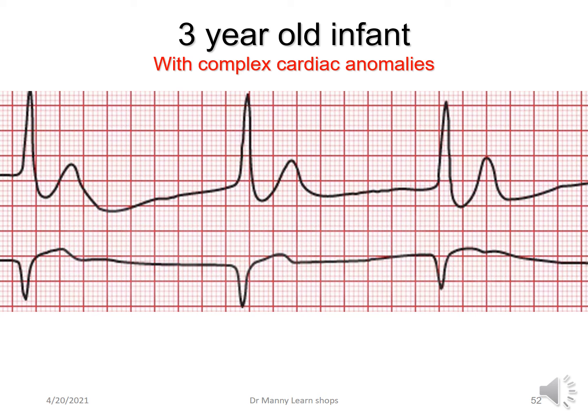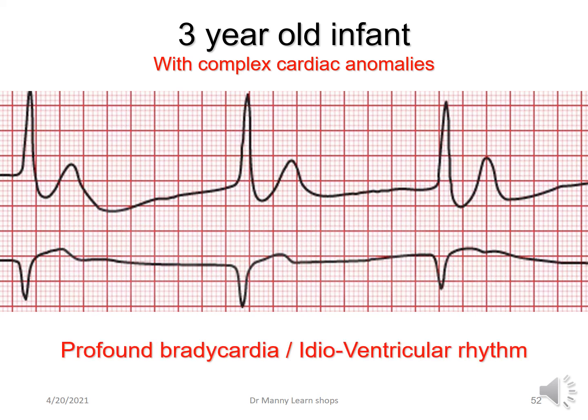It's concerning when you look at the 3-year-old infant who's probably pale, unresponsive, and you're going to call a code blue. This is a profound bradycardia with an idioventricular rhythm, which could be a terminal rhythm unless you do something about it. Code blue. Rate approximately 30.